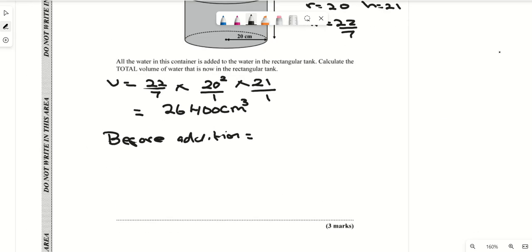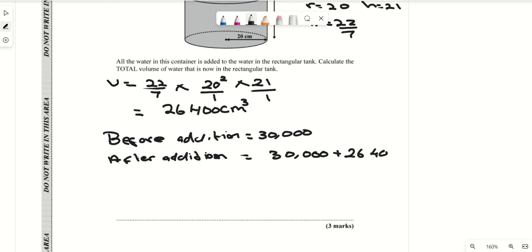And then after addition, it would be this 30,000 plus this 26,400, and this would be 56,400 centimeters cubed. And that would be your answer for this question.